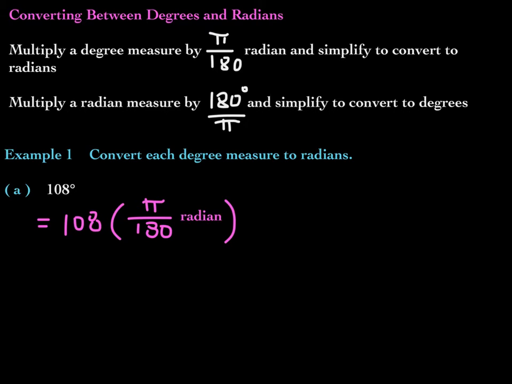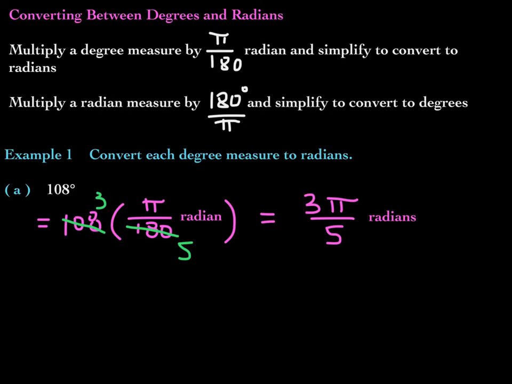So I'm going to cross cancel by 36. 36 will go into 180 5 times, and 36 will go into 108 3 times. So when I simplify, I get that 108 degrees is equivalent to 3 pi over 5 radians.